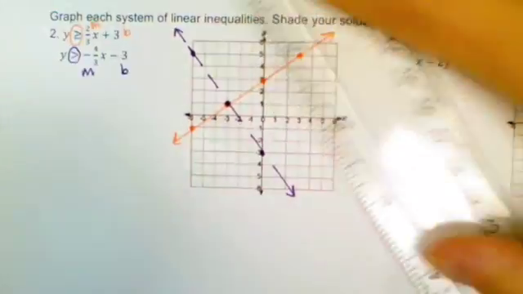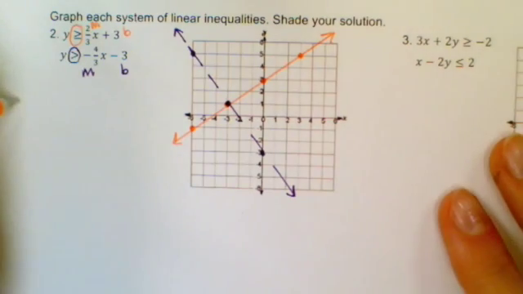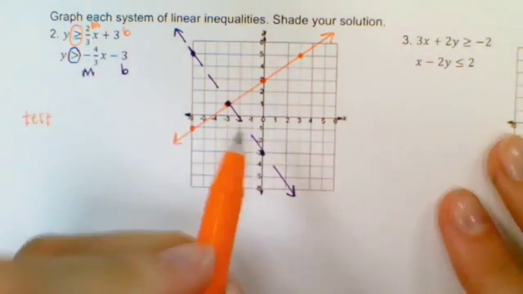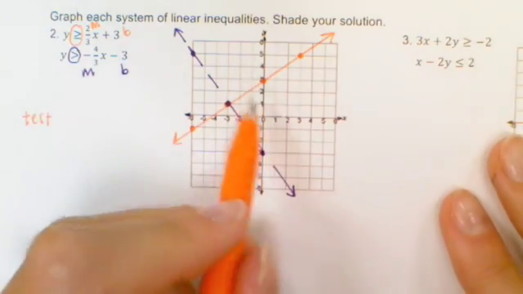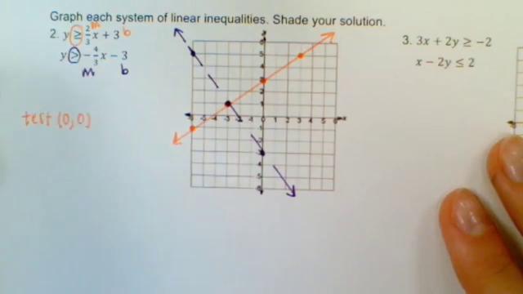Okay? So now that we have those both graphed, let's go ahead and work on our shading. So I'm going to do the test point for the very first equation. I'll do it in orange just to keep everything nice and organized for you guys. So I'm going to test the point 0, 0, just because it's not on that line. Like I said, use 0, 0 as much as you can, okay?